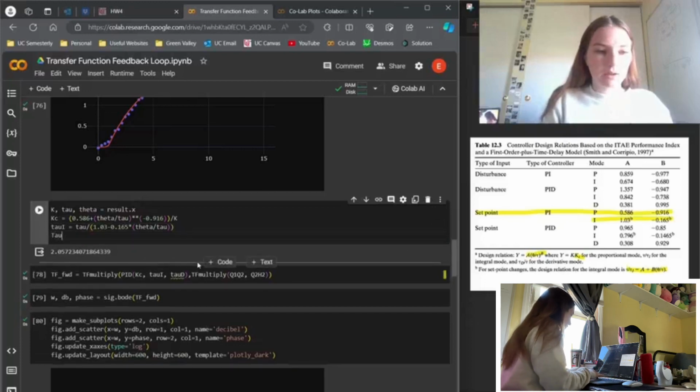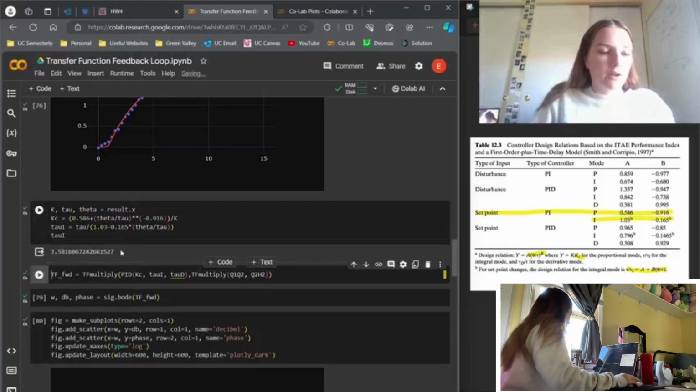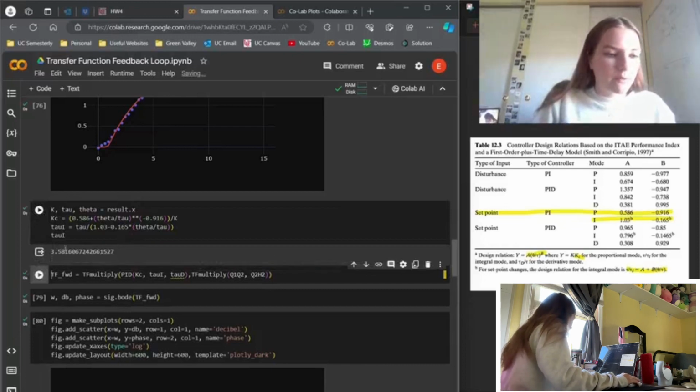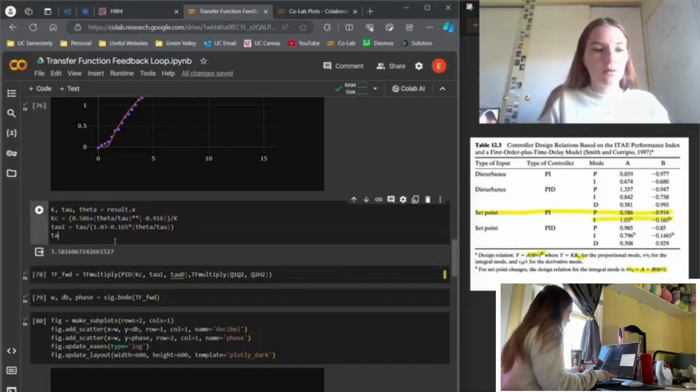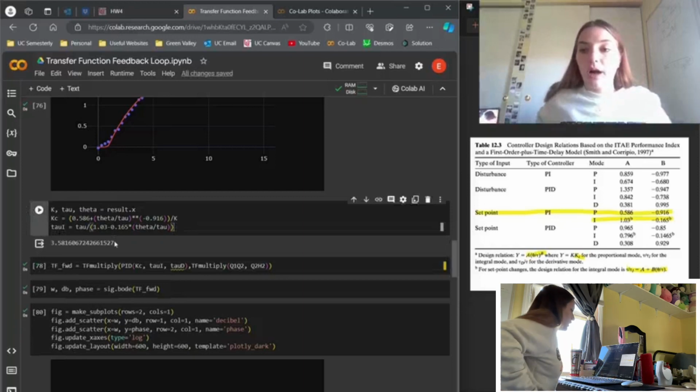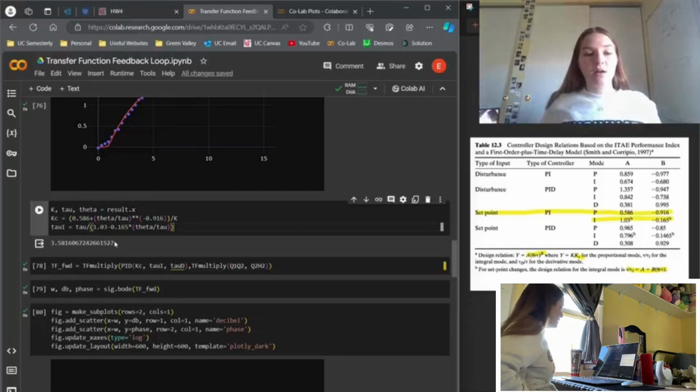So now we can look at our tau I value. And our tau I is going to be around 3.58. So that is our ITAE gain and our reset time.